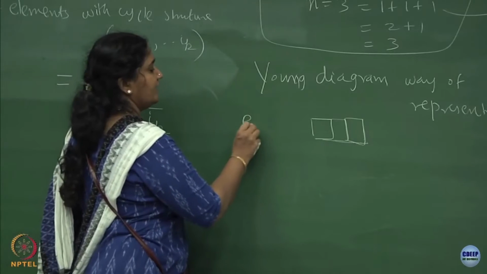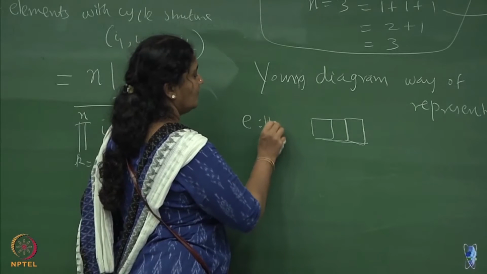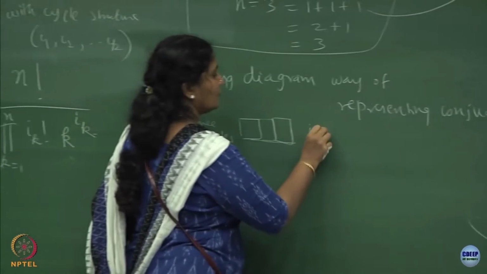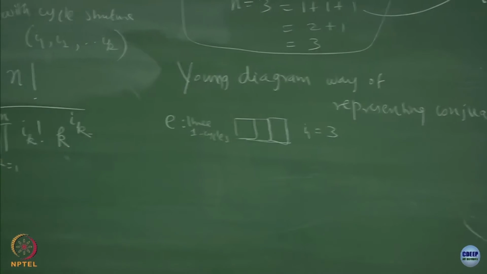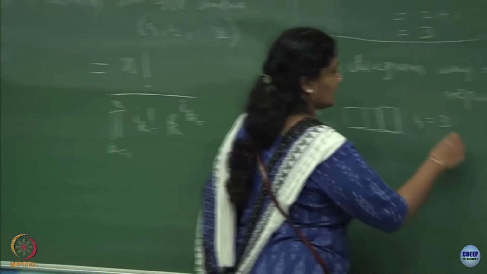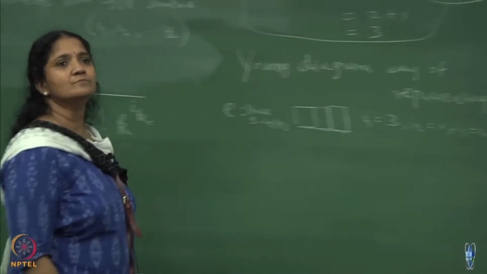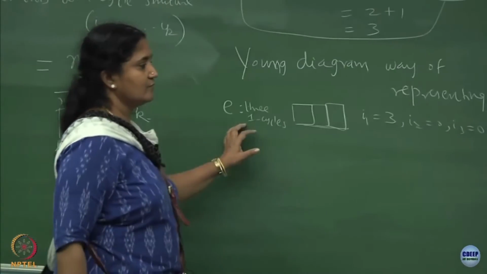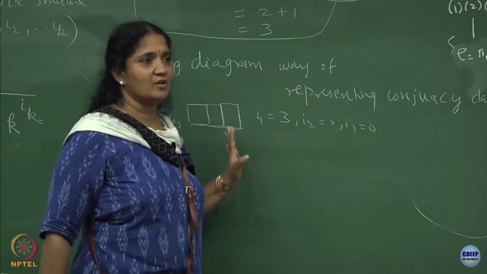So, this is your identity element, which is nothing but 3 1 cycles, and in the cycle structure notation I1 is 3, the number of 1 cycles is 3, I2 is 0 and so on. This is the diagrammatic way of drawing a conjugacy class. It just looks at the cycle structure.